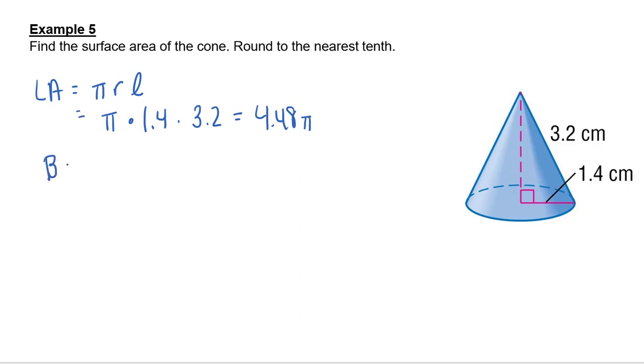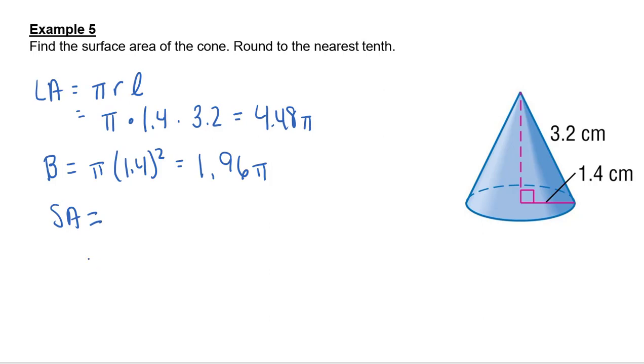The area of the base is pi r squared. So that is equal to 1.96 pi. So my total surface area, I add those two together.